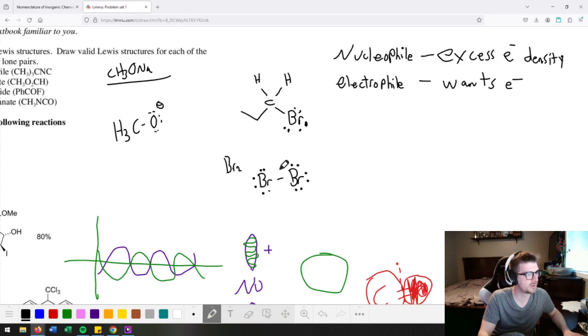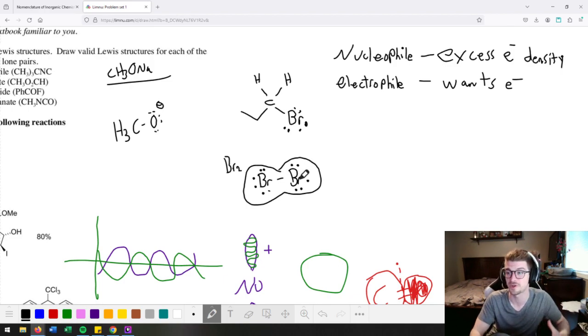I'm just going to sketch out the electron cloud around bromine, which is equally distributed between these two bromines because there's no difference in electronegativity. They're both pulling equally hard on the electrons around them, so the electron clouds around them are equal to each other. There's no preference for one or the other.